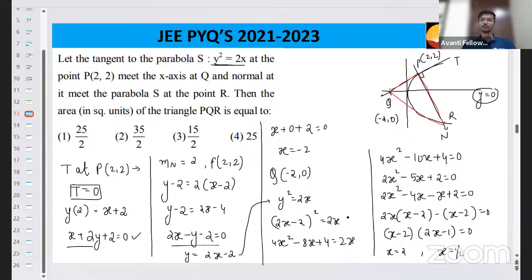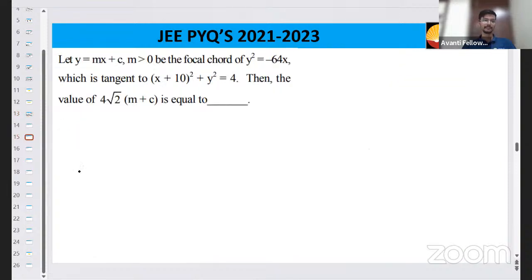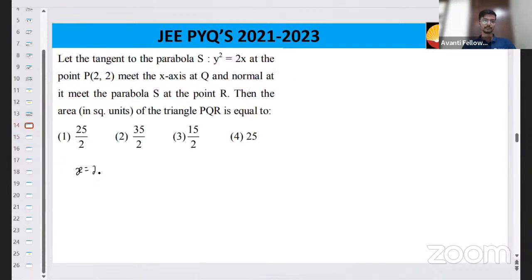Right? So if x equals 2, then y square will be equal to 4. That means y will be equal to 2. So the point will be 2 comma 2, which is the point P itself. So I think we don't need to consider this because here it will be point P itself.